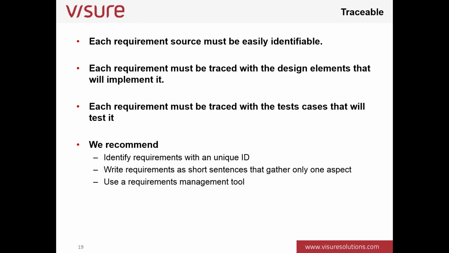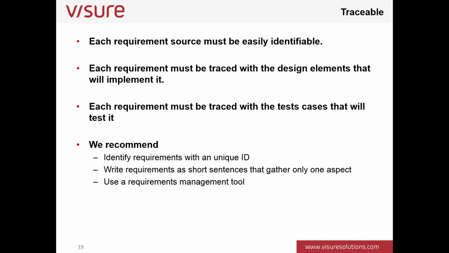If the requirement is not atomic, then there is no way to trace that requirement. If the system does this and this other thing, then we have a test for the first part of the sentence and a test for the second part. So for each test that is testing the first part, how we identify what we are testing is not so easy. So it's important also to have atomic requirements for having traceable requirements.